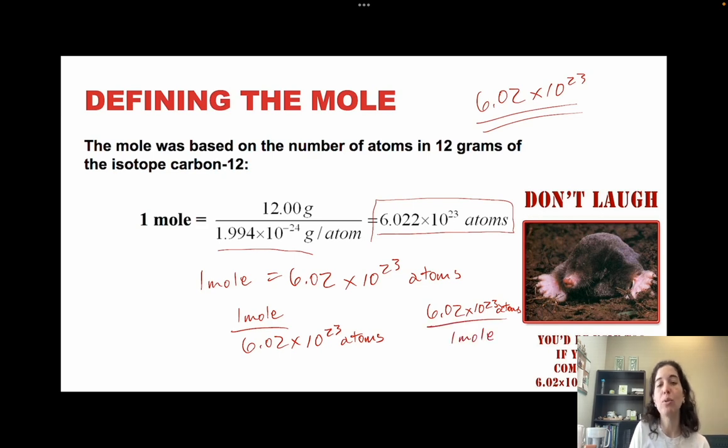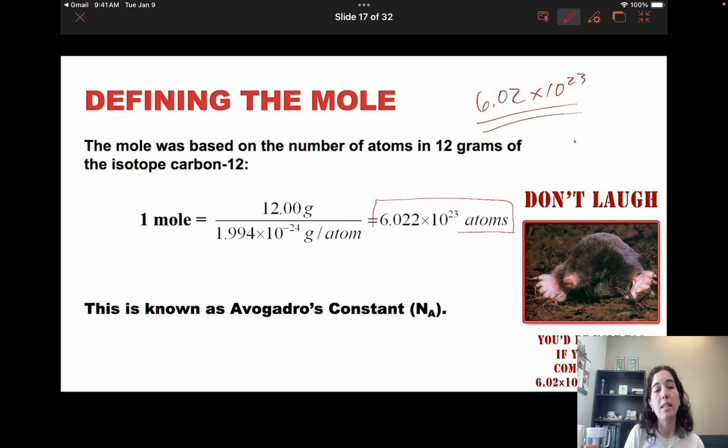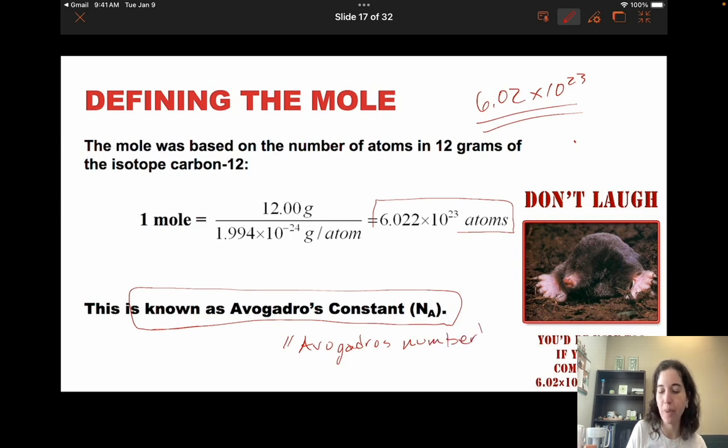So this is how you'll use it in unit conversion. So remember that this is the same thing as both of these down here, and you can use it either way depending on what unit you're trying to solve for when you're using this in conversions. This number is known as Avogadro's constant, or Avogadro's number, you might hear me call it that. And it's 6.02 times 10 to the 23rd.